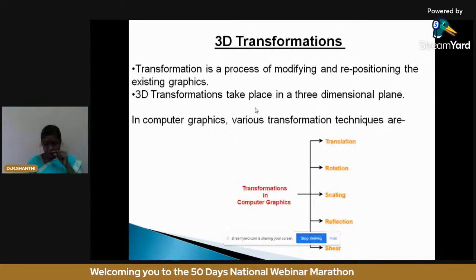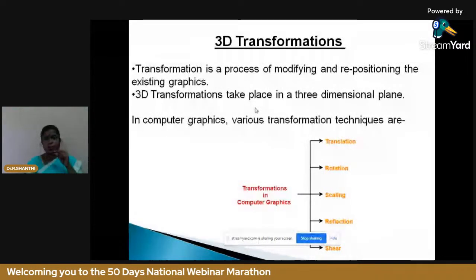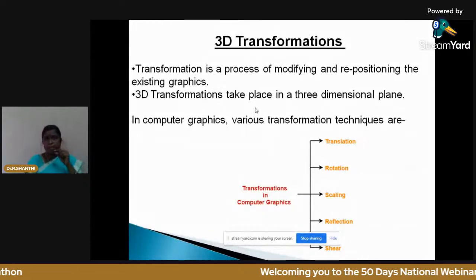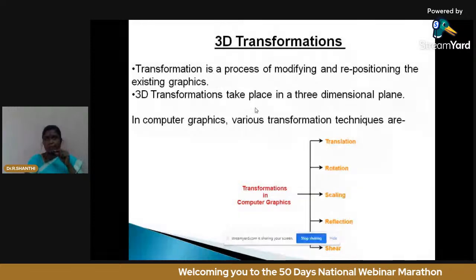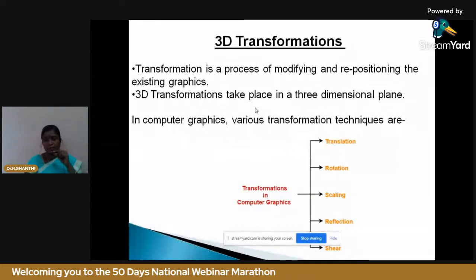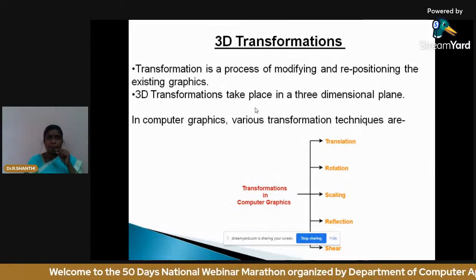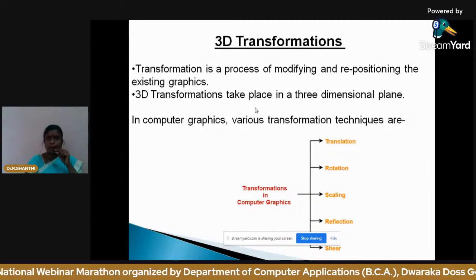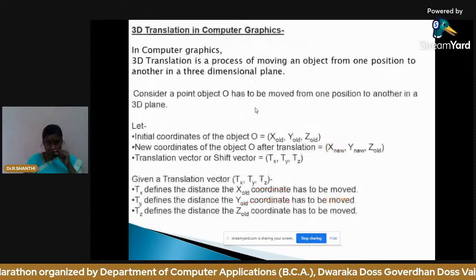Rotation is rotating the object by a certain angle, and scaling is either increasing or decreasing the size of the original image. In shearing, the originality of the picture is lost and the image appears to be a different image. Reflection is where you get a 180-degree rotation. Reflection happens only by rotation with the help of 180 degrees, right?